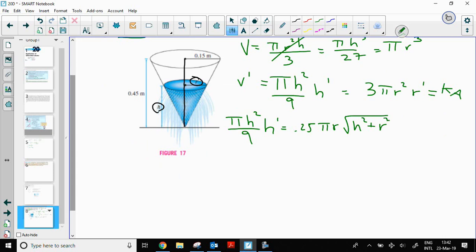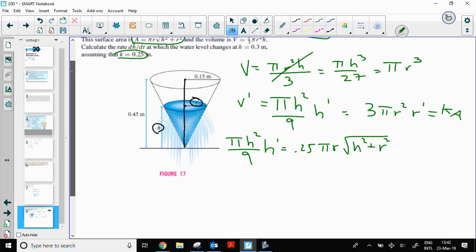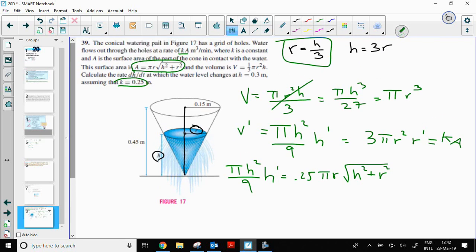Now, in the problem, they mentioned just Ka as though it was a positive quantity. Because I'm considering the volume of the water in the cone, I'm going to throw a negative in front of that. I could just interpret this value as a negative rate of change in the end, but I like throwing a negative in the work, so when I solve for h prime, I'm going to get a negative number.